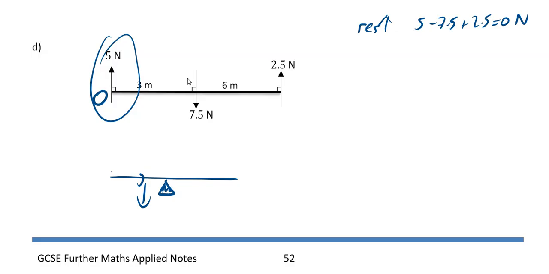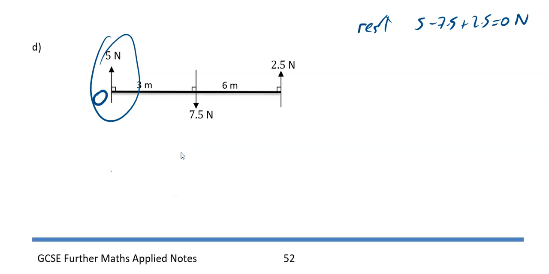But if you move in again and you're sitting right on the pivot, there we go. If you're sitting right on your pivot, doesn't matter what size you are, you will have no turning effect because you're acting right through the pivot. So it is the same idea here.